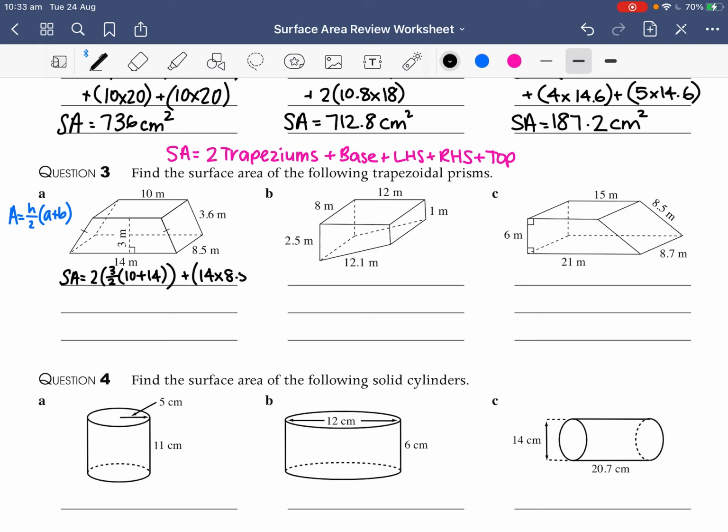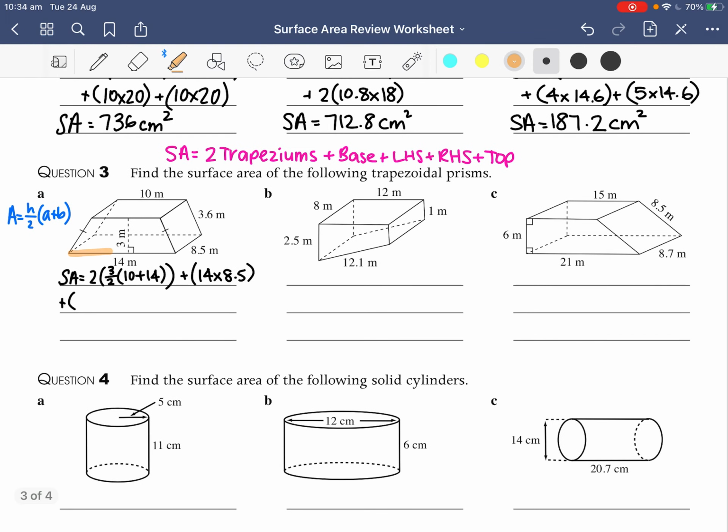So 14 times 8.5, plus our left-hand side, which is this rectangle here, which is 3.6 by 8.5. So just a little visual to see which sides match up with each other.